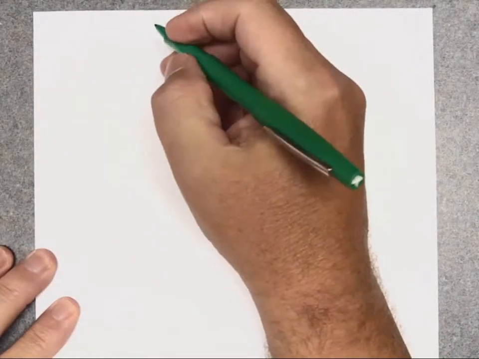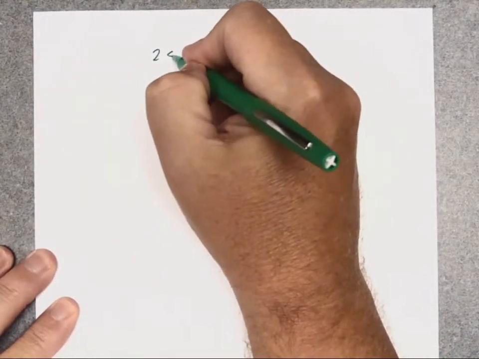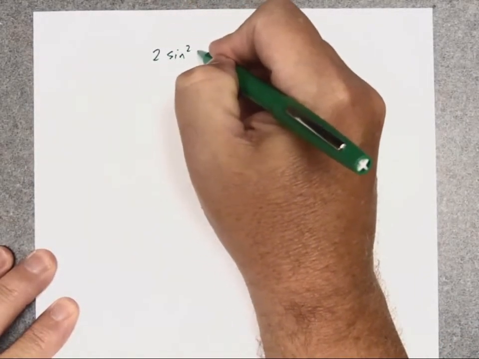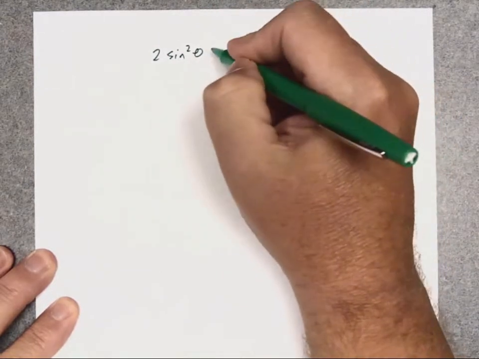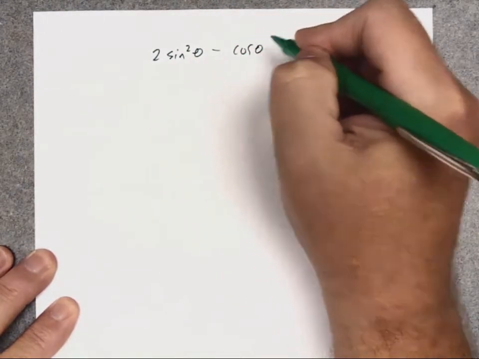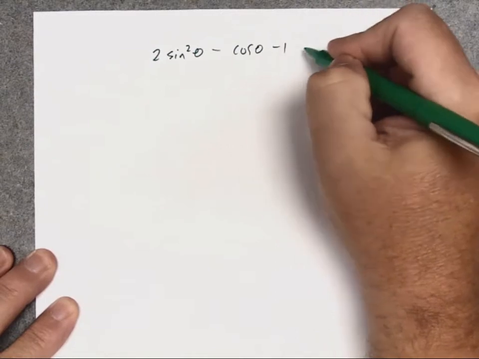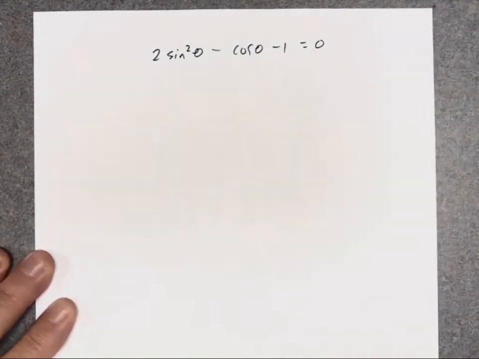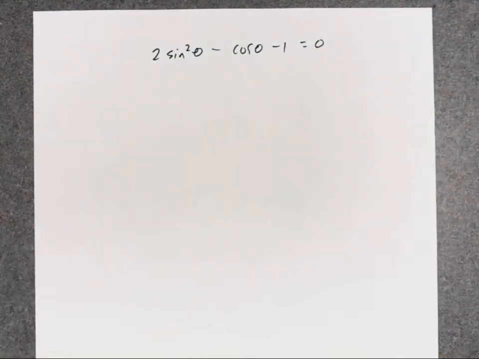All right, last one. This might look really complicated at first. 2 sine squared theta minus cosine theta minus 1 equals 0. It's like, wow.